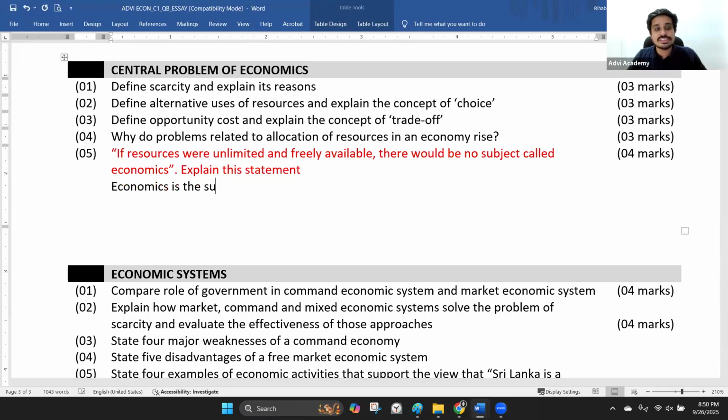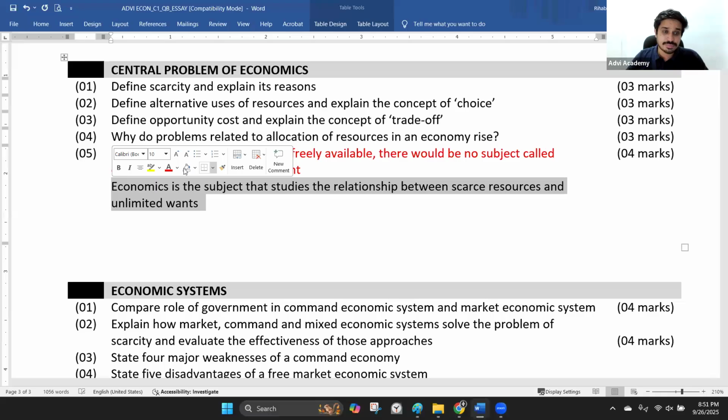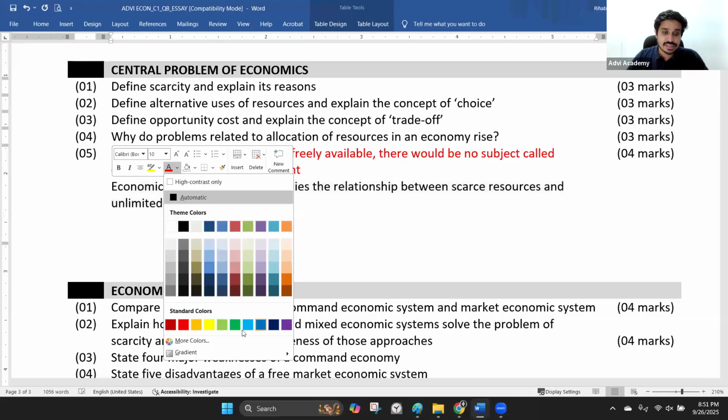You have to say economics is the subject that studies what? Scarcity. The relationship between scarce resources and unlimited wants, end of the day. Right?